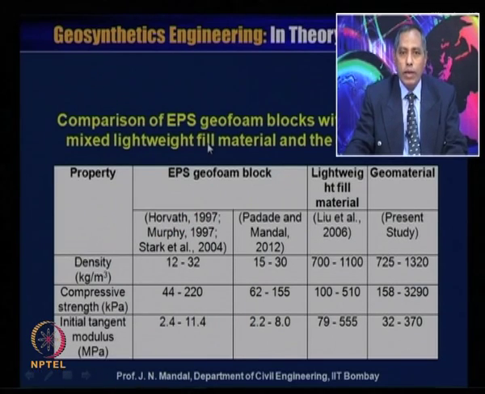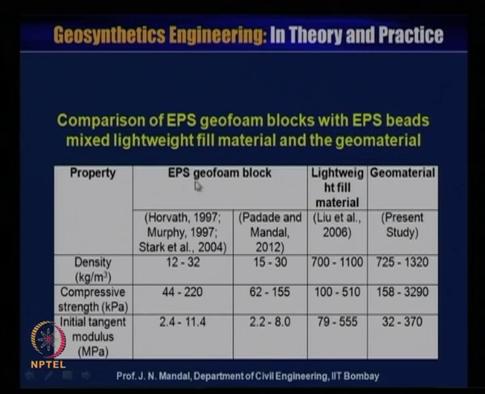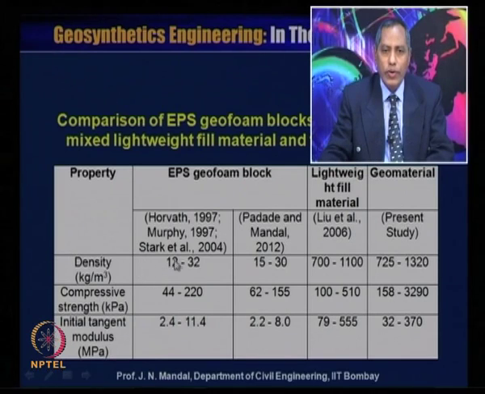So, this is a comparison of EPS geofoam block with EPS beads mixed lightweight fill material, the geomaterial. For the property density of EPS geofoam block, Horvath 1997, Murphy 1997 and Stark et al 2004, and this is Farnsworth and Mandel 2012. The EPS density is 12 to 32, and Mandel 2012 is 15 to 30.